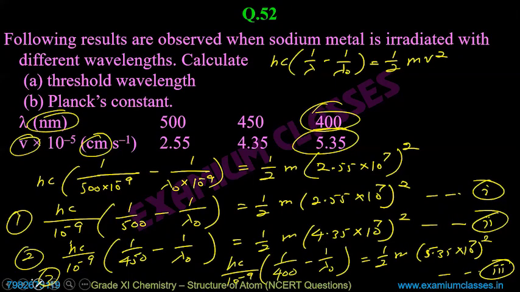Don't just write the value of h as 6.626 into 10 power minus 34, because in such cases the value will be slightly different. So whatever value you get, that will be the answer. But it will be very much close to 6.626 into 10 power minus 34.